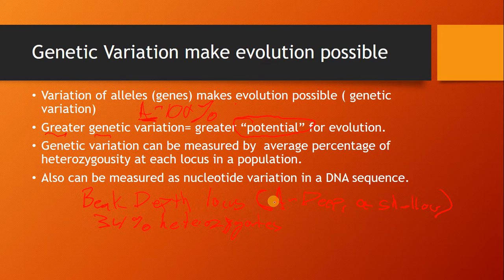So one measure of genetic variation is the average number of the population that's heterozygous.